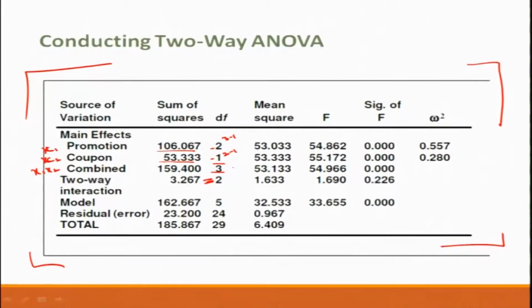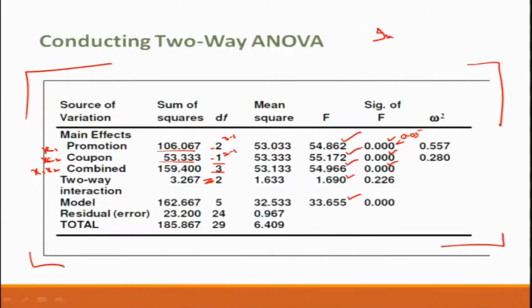So what we can see, we have the F values for the 2 factors and the combined F value, and we also have the two-way interaction and the total for the model here. We can see that the significance of F, the probability of F, is less than 0.05 here. This one and this one, that is, the promotion and coupon level, both are significant.